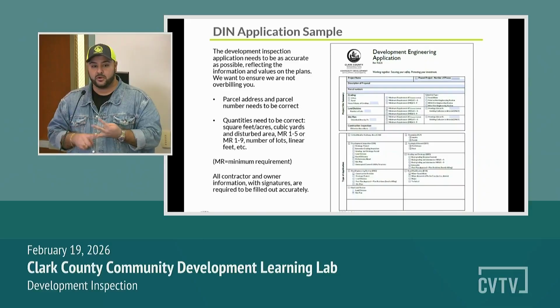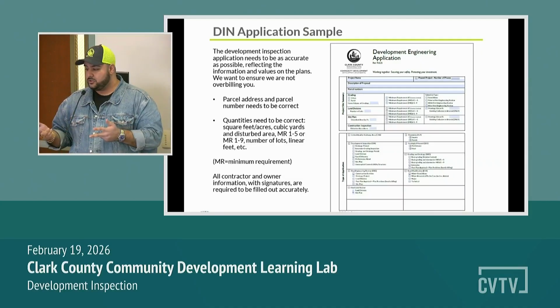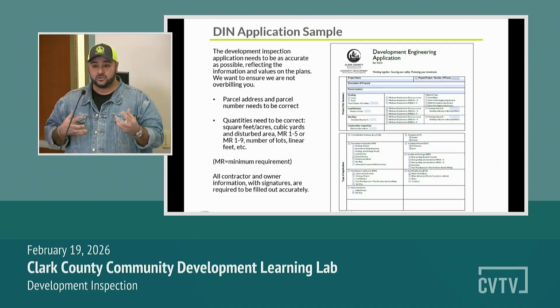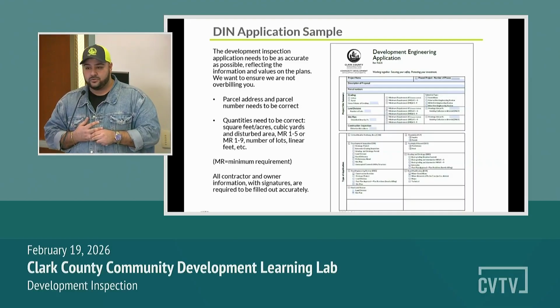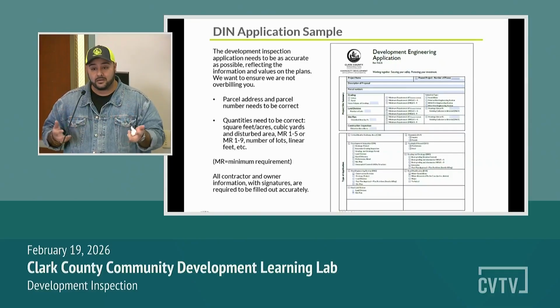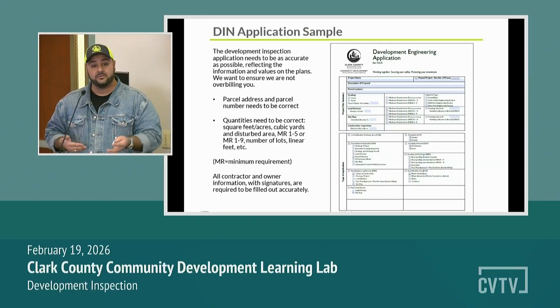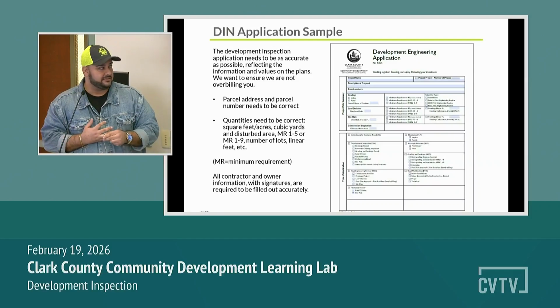We want to make sure the parcel number is correct, the address is correct, the values that you're putting in there, anything from the square footage, the acres, the cubic yards that you're evaluating, the disturbed area that is being taken into consideration, an MR 1 through 5 or an MR 1 through 9. That is, in short, what we use for minimum requirements that tell us exactly what we need to evaluate and what you need to submit to us. The number of lots, linear feet, etc.